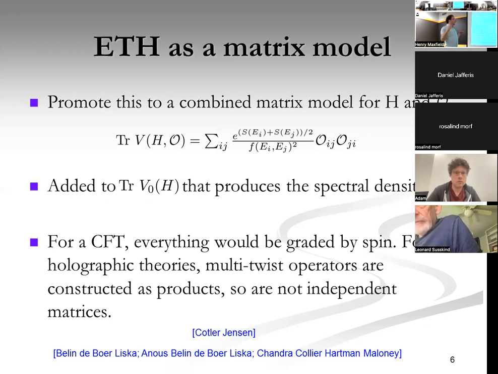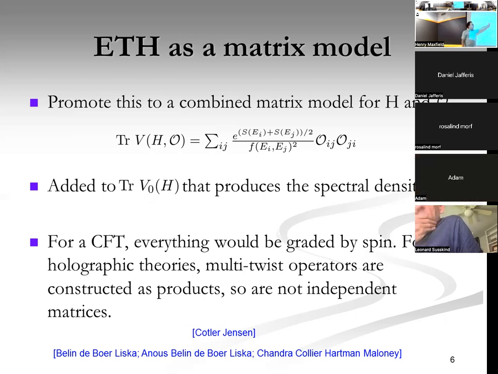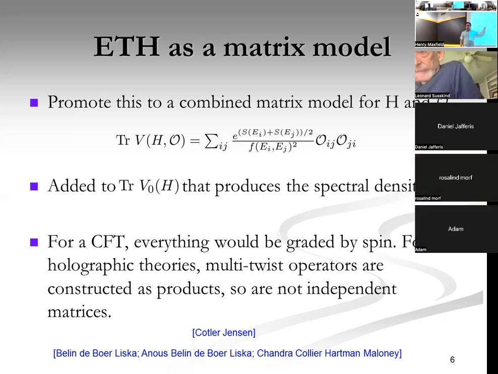But more generally, it's some matrix potential which is determined to match the smooth spectral density of whatever the system is. And then there's the part of the potential that involves H and O. And the conventional ETH is just quadratic, right? Because it said that it was a quadratic random matrix, and that was the whole story. So we'll look at Gaussian in O, but it will be a complicated function of H.